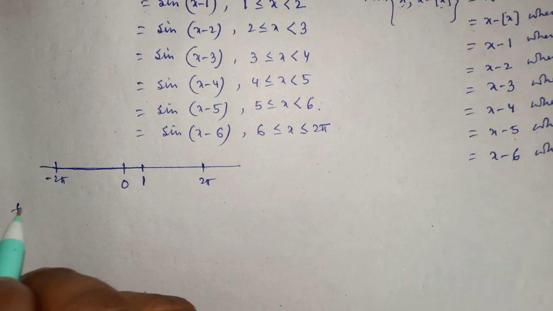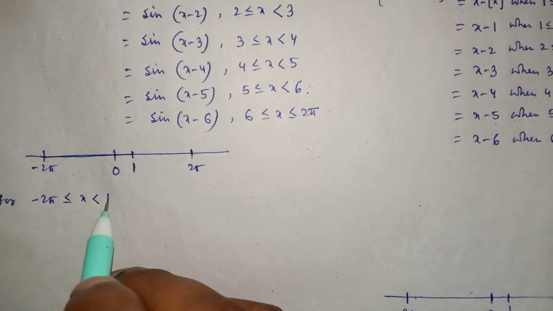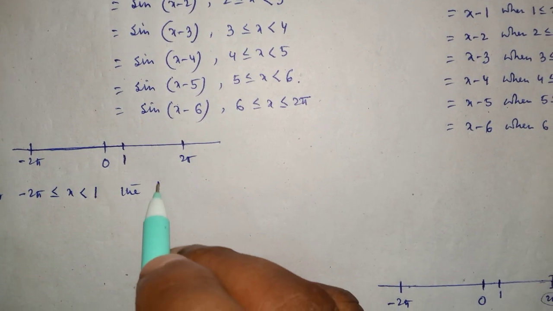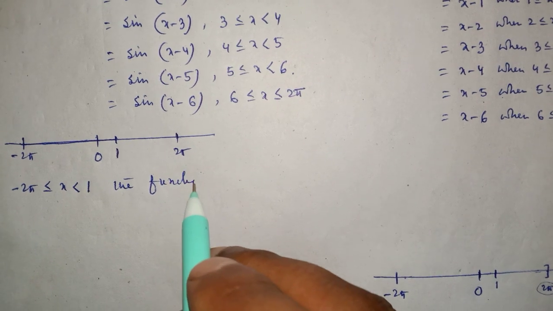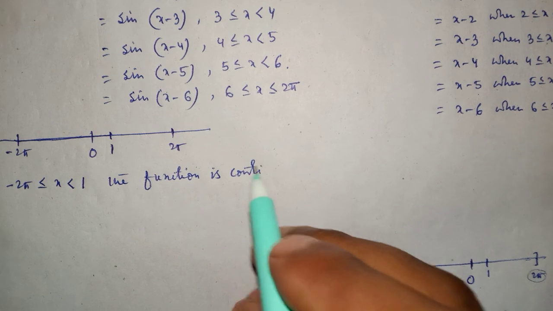So for minus 2 pi less than or equal to x less than 1, the function is continuous.